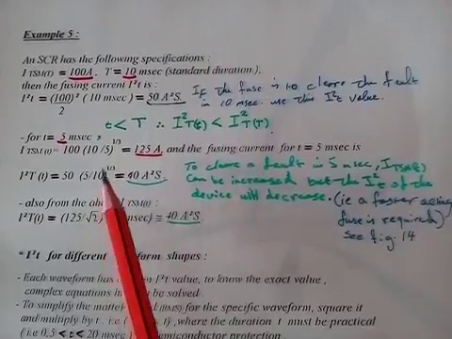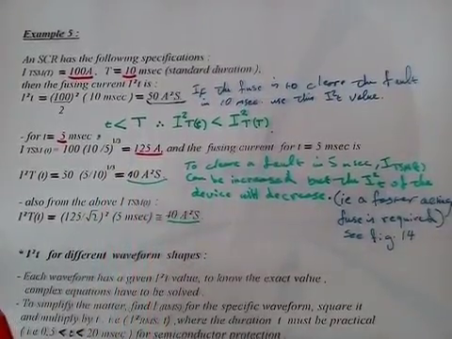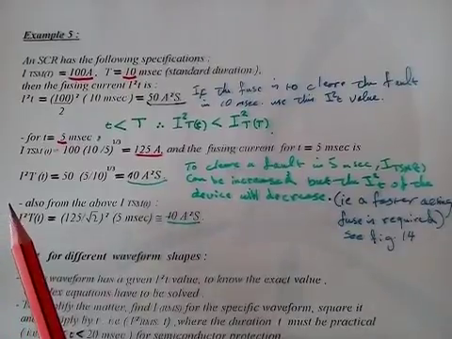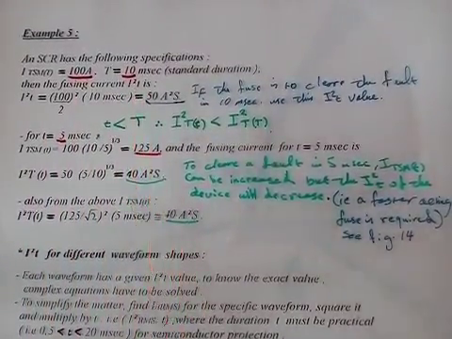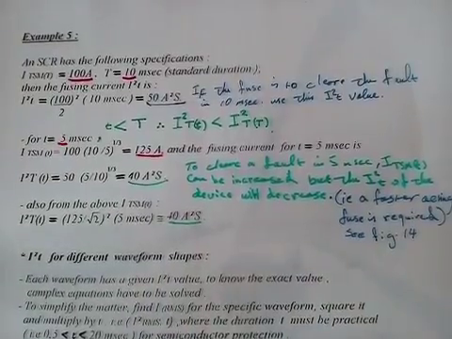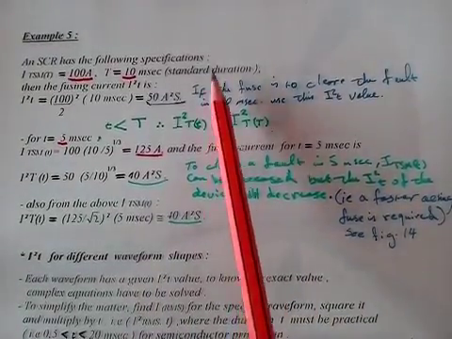An SCR has the following specifications: an I surge max of 100 amps and a T of 10 milliseconds. That's a standard duration.